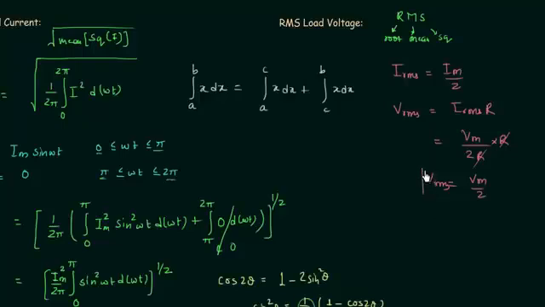So this is another important formula that we have derived in this lecture. The RMS value of load voltage is equal to Vm by 2.